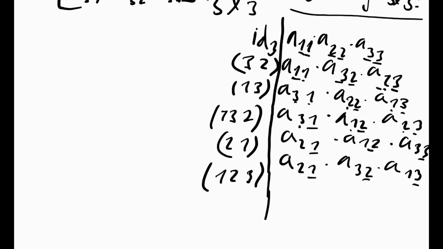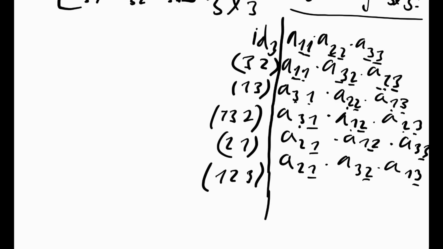The sign of a permutation basically depends on the number of even cycles in the permutation in cycle notation.